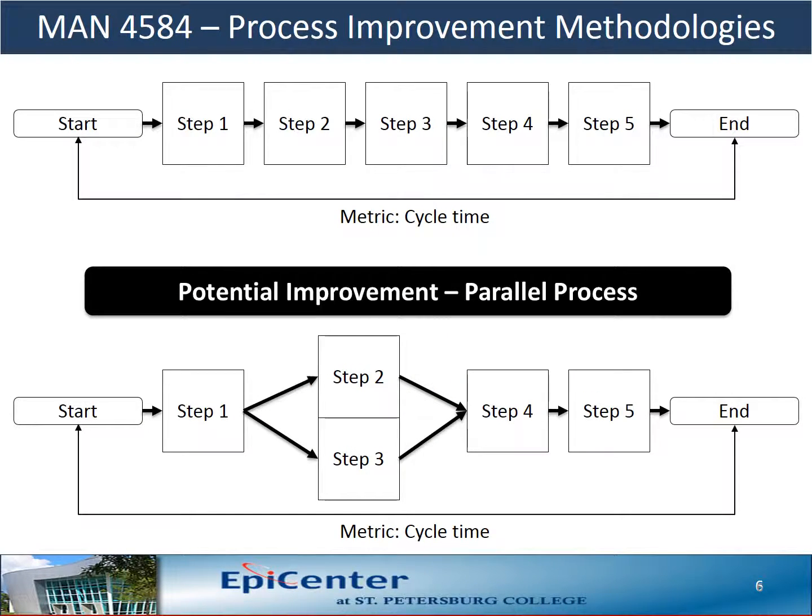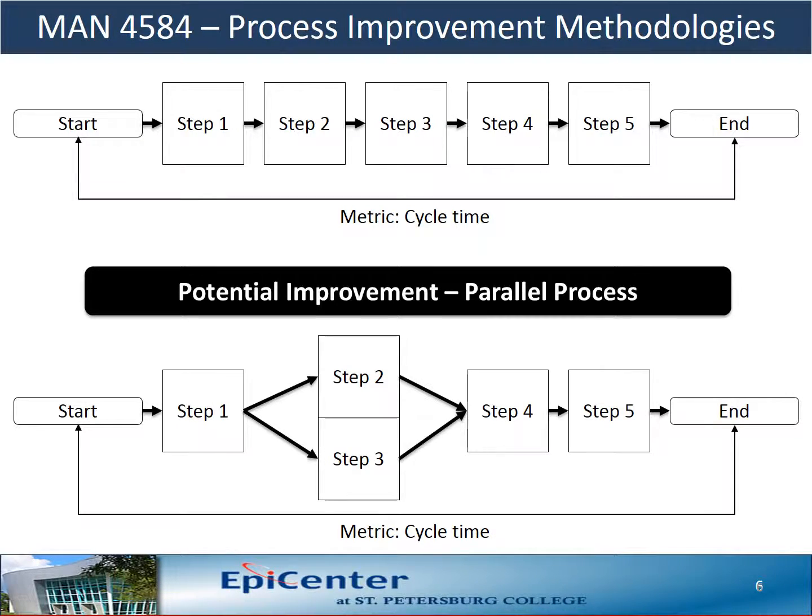This slide shows an example of a process which contains 5 steps, where the cycle time is to be decreased by some value. Let's further assume that we find waste, for example overproduction, wait time, in step 2 and step 3.